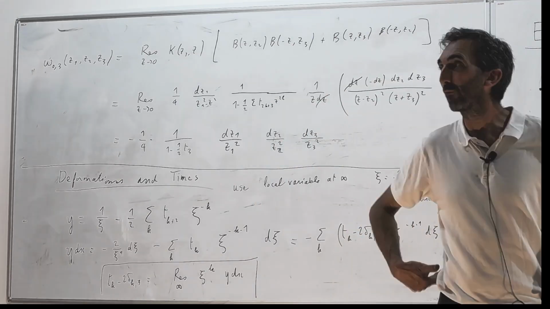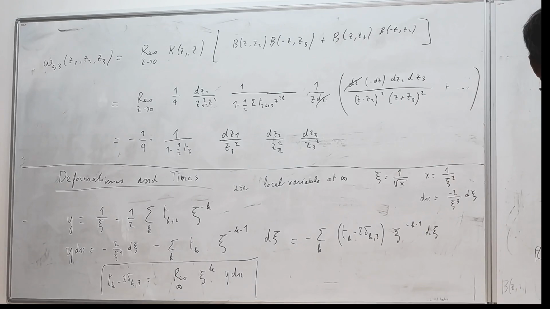You can also deform x. And indeed, you see that here I start with t3. Usually in KdV and all that, you also have a t1. If you extrapolate this formula for t1, you would have to take k equals minus 1, and this would seem to correspond to a pole in y. However, this is not the right way to do it.